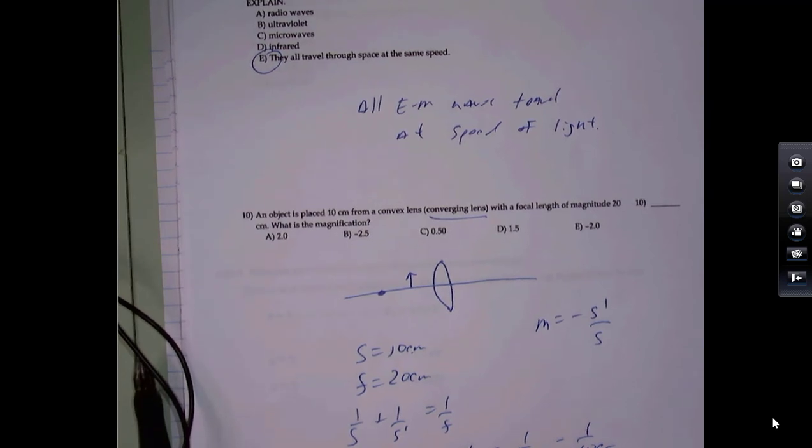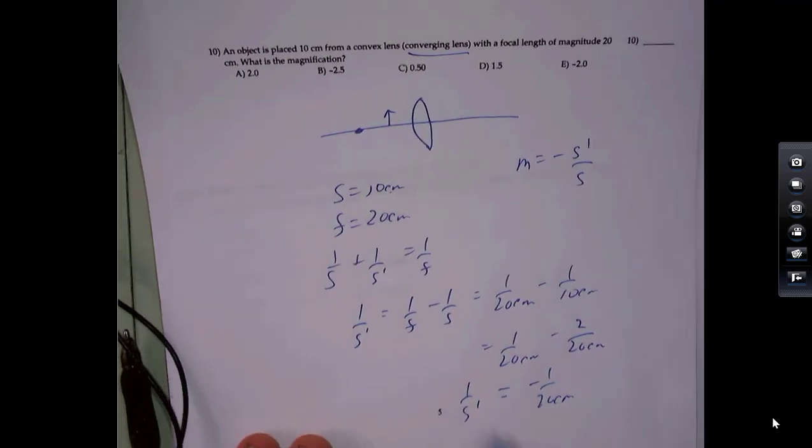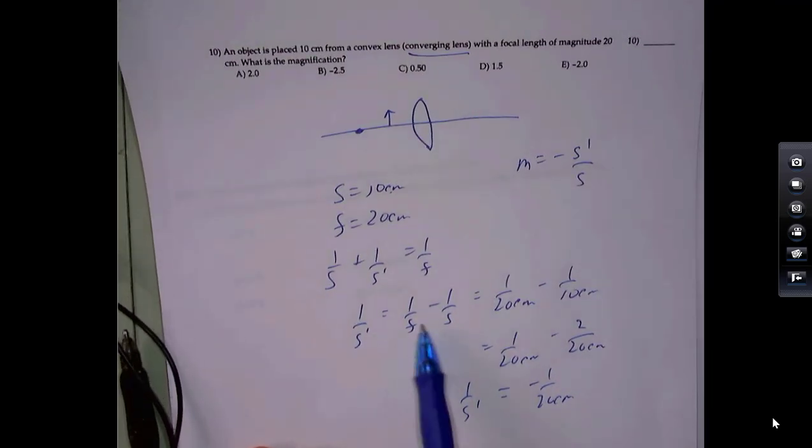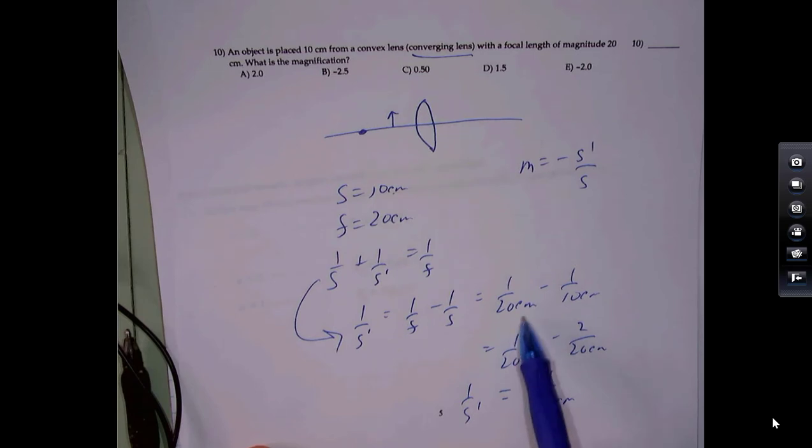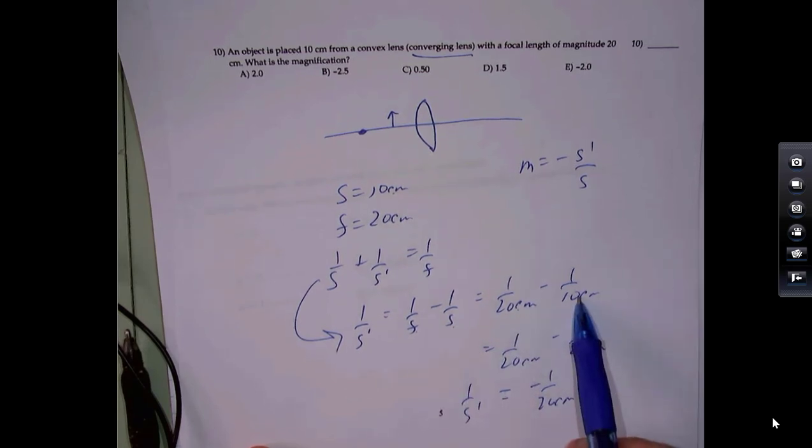Minus 1 over 20, that's 1 over S prime. Again, you're just using the lens maker's equation, then putting the numbers in. Focal length is 20, minus 1 over 10. 10 is where the object is located.